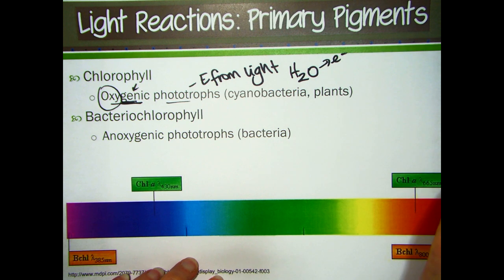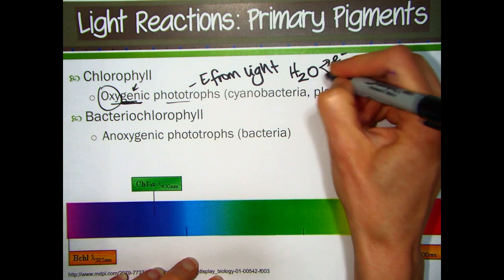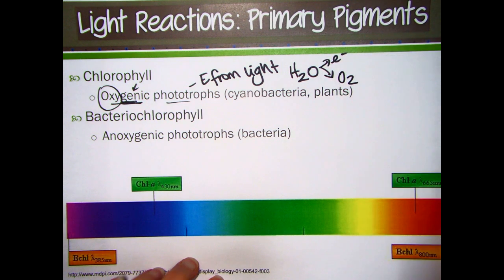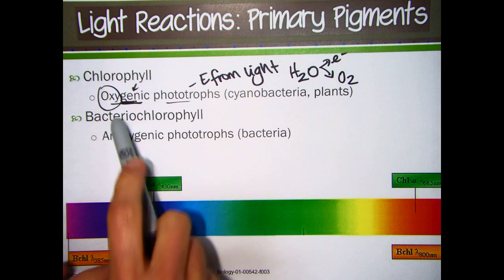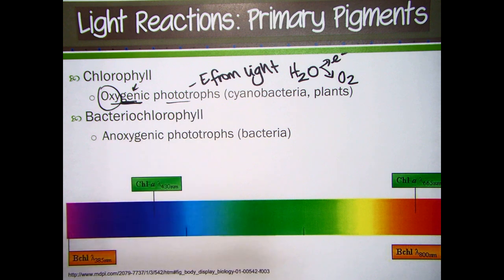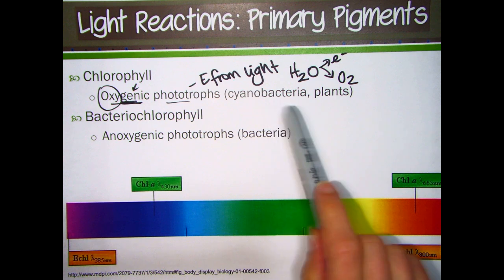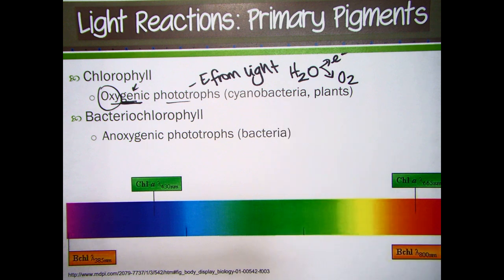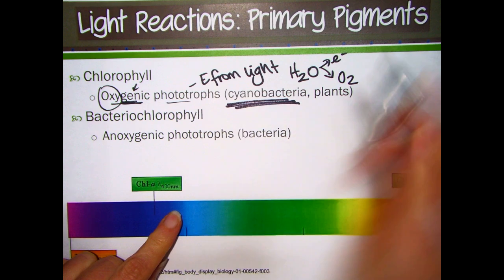The electron is donated to the photosynthetic electron transport chain, and then the oxygen is secreted, for lack of a better term, from the cell. Oxygenic phototrophs are photosynthetic organisms that produce oxygen. These include plants, as you know, and very importantly, cyanobacteria.